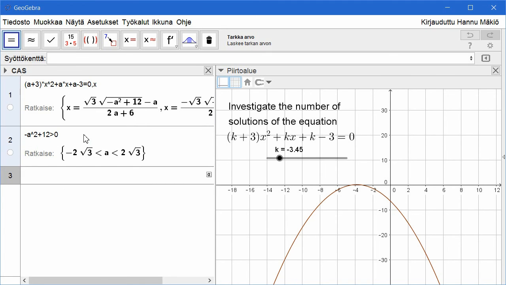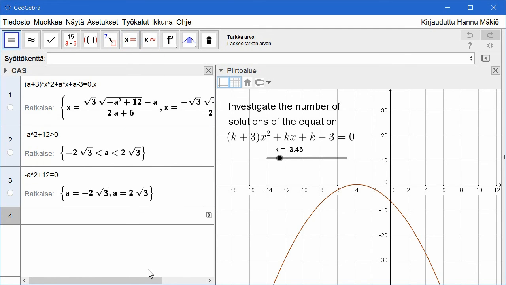The discriminant of this equation is positive. When it is 0, at these values of a, there will be only 1 solution.